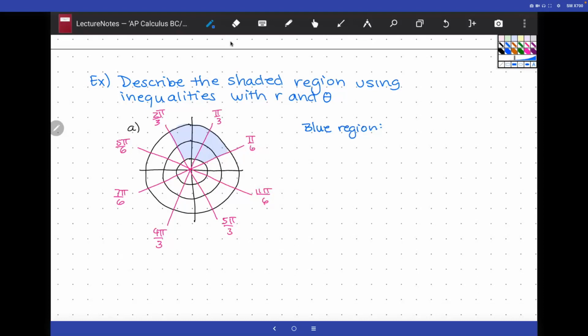So for this first one, I'll bet once you see the answer, you'll be like, oh, that's what they want? Oh, okay. Anybody have an idea what they want, though? So here's all they want. Look at the shaded region. Which angles is that shaded in between?